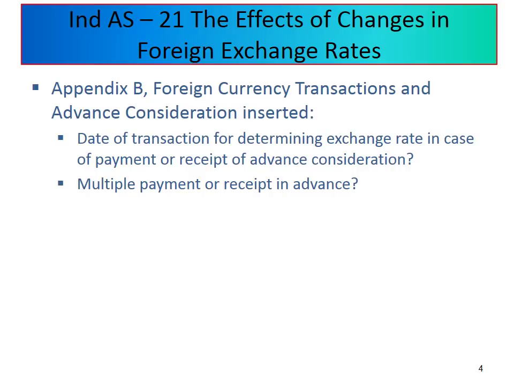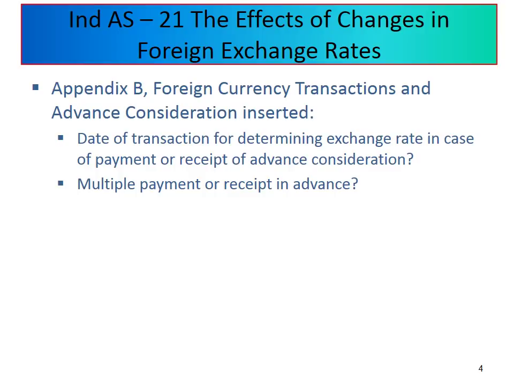In the case given, where $500 have been received on 15th March and the exchange rate at the time was 50 rupees, the goods are dispatched on 15th April but the exchange rate was 52 rupees.